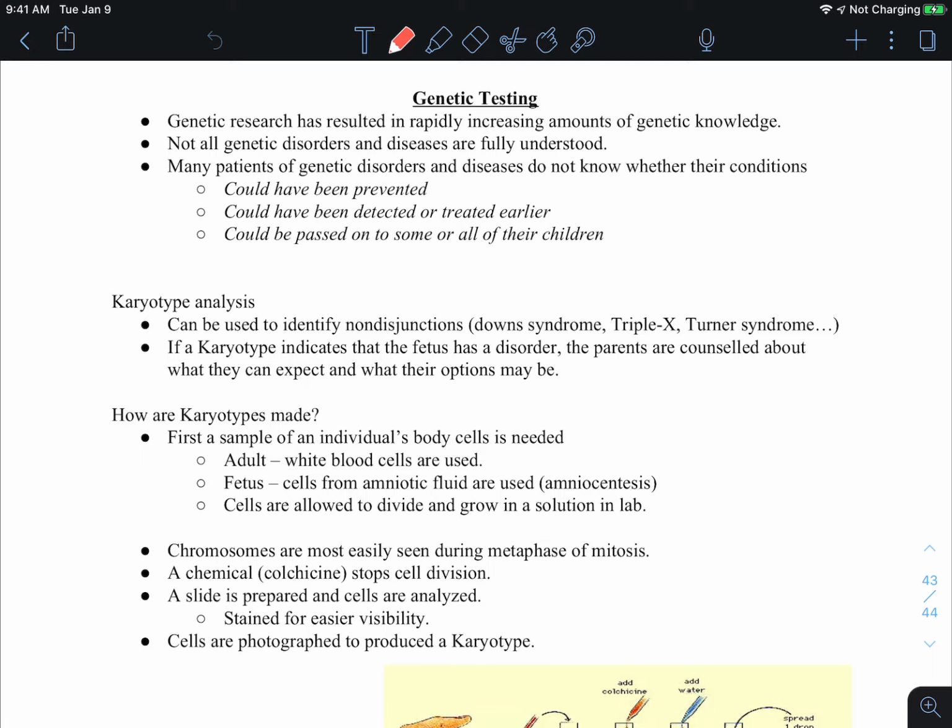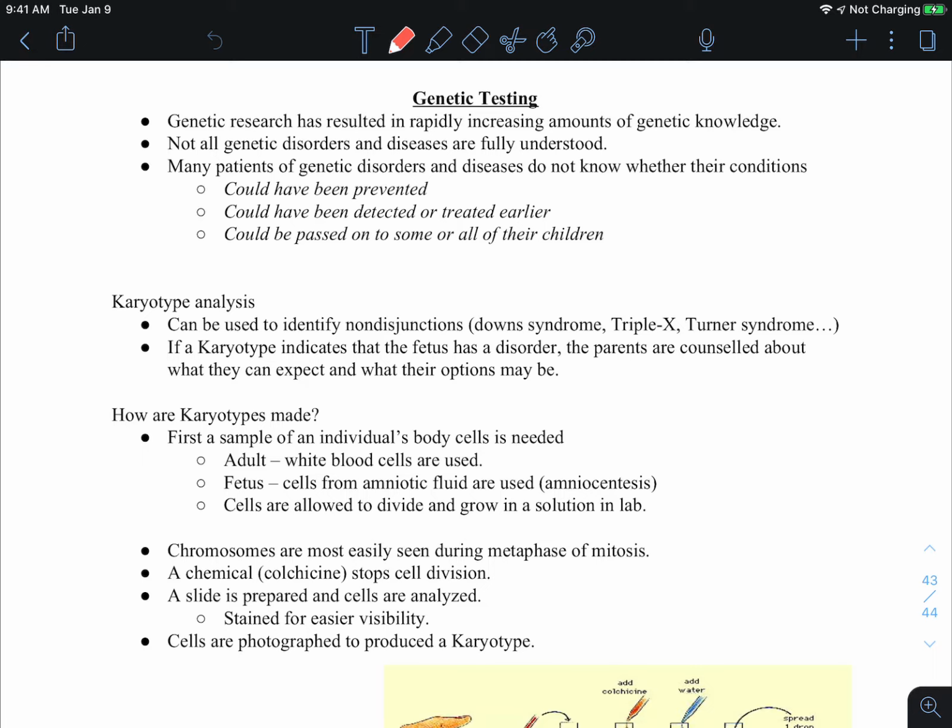There's also a lot of interest in studying the genetics of the virus itself. So genetic testing is a huge market, a huge aspect of modern biology, and these two pages are not nearly sufficient to get into it. So that's where we'll be doing some independent research.